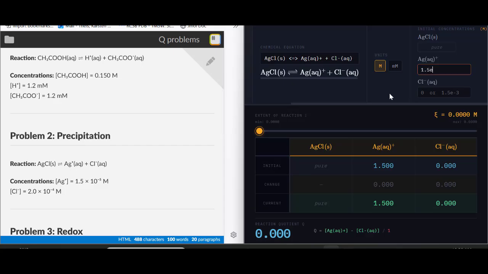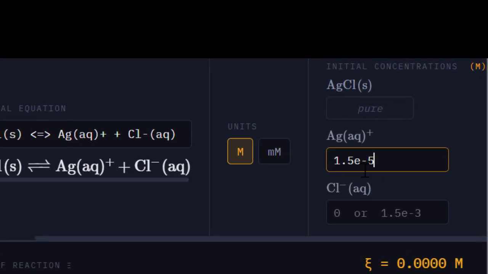Okay, then the silver concentration is very small. You can enter things here with an E, which is weird. It's not really E, it's times 10 to the minus 5, but that's how old calculators did it, and so we still do it like this in some spreadsheets, scientific notation, and this one does it too.